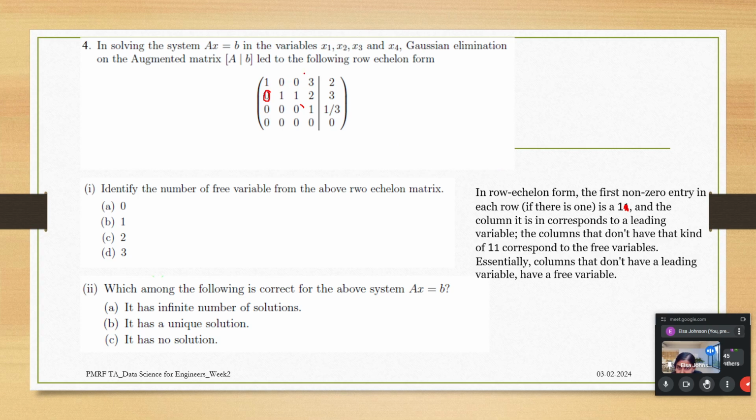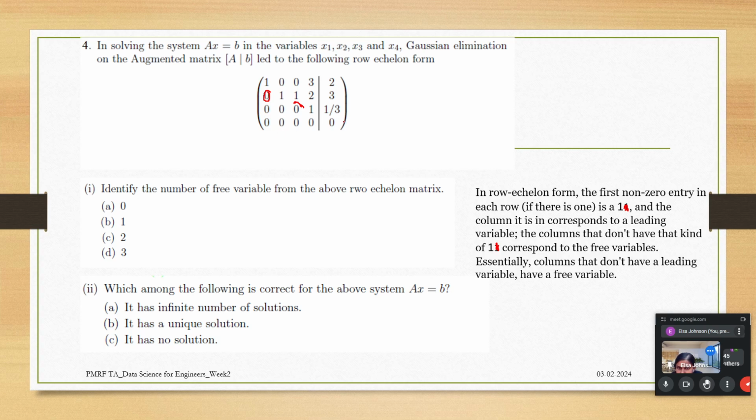The first one is a leading variable, the second one also, the third one should have been a 1, but instead 0 is coming, so there is no leading variable there. In the fourth row too, one of the variables is not having a 1. Essentially, the columns that don't have a leading variable will be given as free variables.